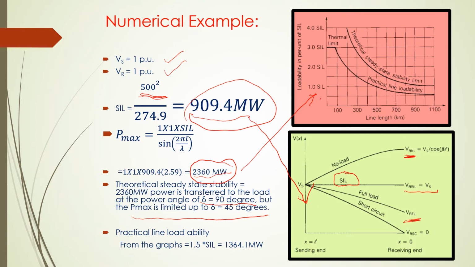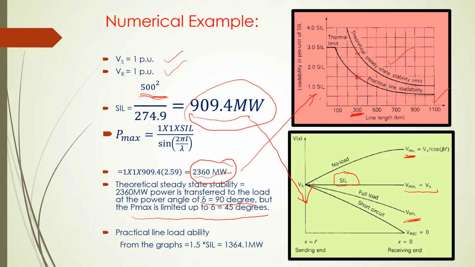Why is it up to 45 degrees? Come to this graph above. We can see here the theoretical steady state stability limit and the practical steady state stability limit. The theoretical limit is very high, while the practical limit is lower. For the length of 300 kilometers in our problem, the practical limit is very low compared to the theoretical one. It is around 1.4 or 1.5 times the SIL.